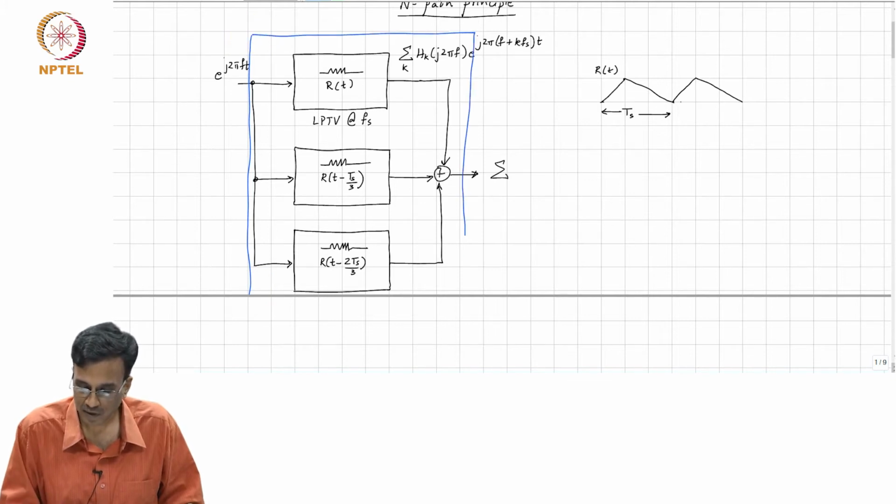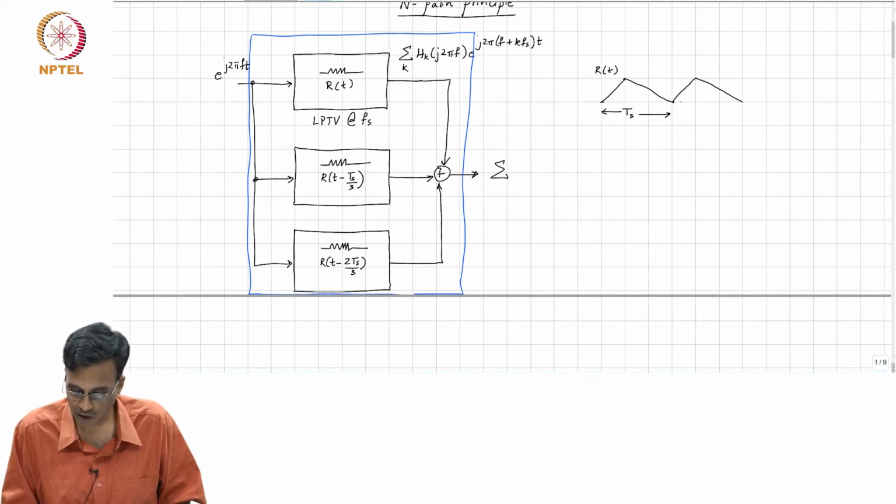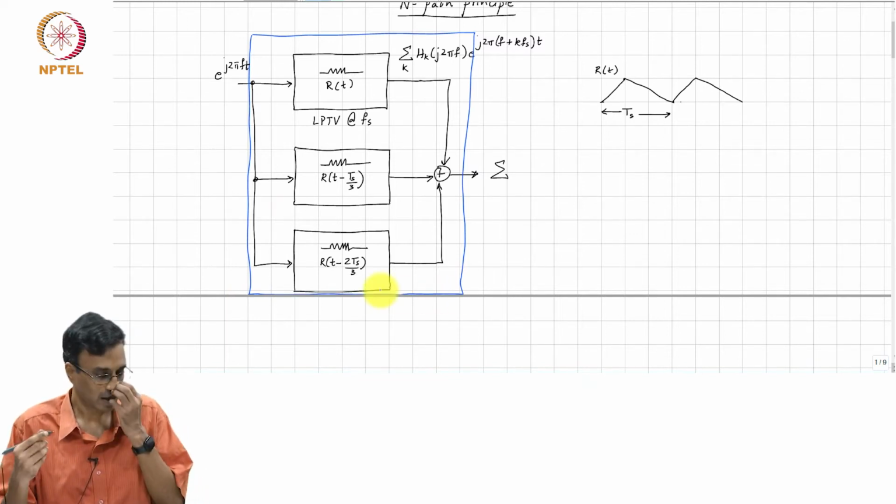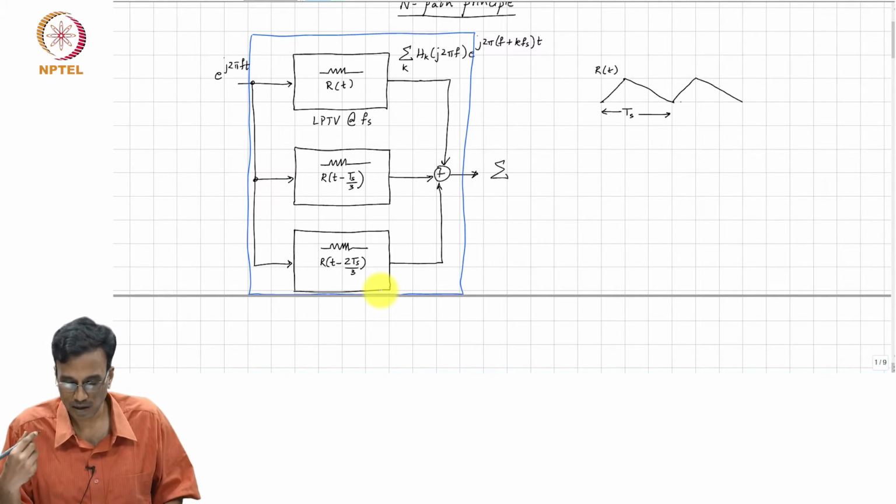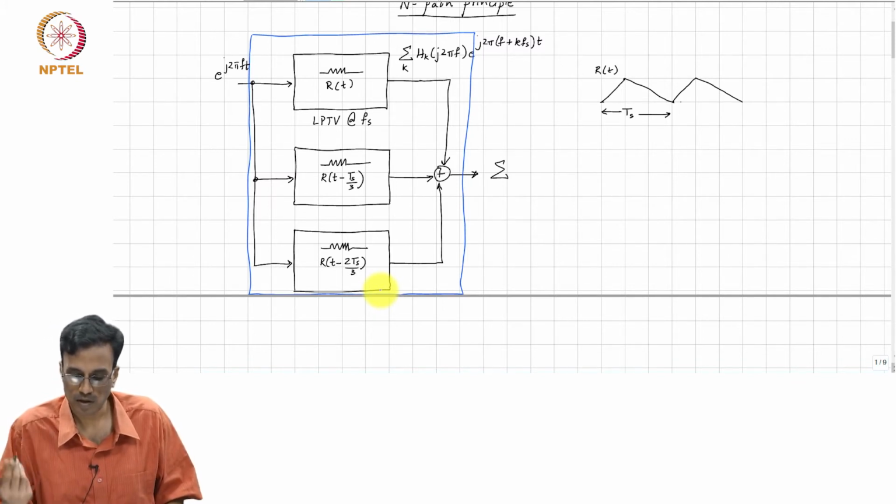And on the face of it, this also is an LPTV system, and since every component inside is varying at the rate f s, this is also an LPTV system which is varying at f s.